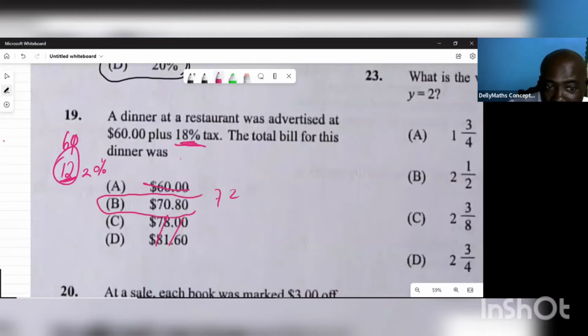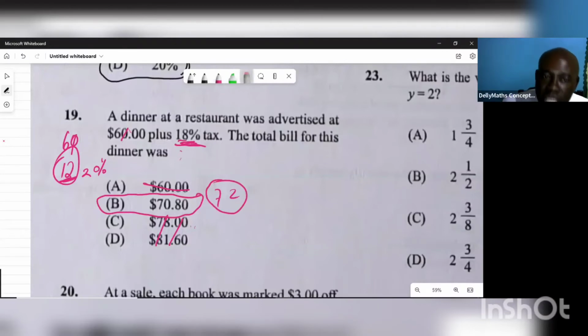I'm going to work it out, because I'm still using my judgment of percentage to say what can and what can't. Definitely we saw that $60 could not be. But when I take a quick 20% of this and say 20% is $12, which is more than 18%, that means 78 can't work and 81 can't work, because the tax is less than the 20% and 20% would have made me pay $72.